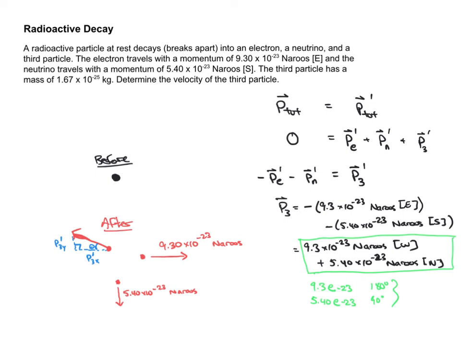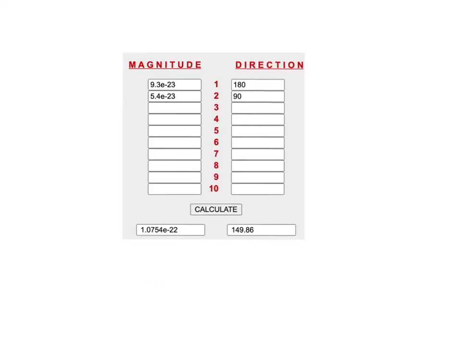So this is what I'm typing in to my vector addition calculator. And I did that on the next slide. And this is the answer they gave me. Okay, so that represents the momentum of particle 3 after the collision. It would be 1.0754, that would be to 2 sig figs, times 10 to the negative 22.